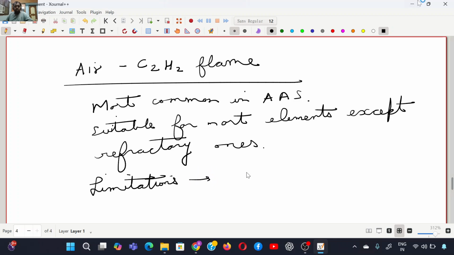For instance, alkali metals like sodium, potassium, lithium ionize at these temperatures and the absorption signal is very weak.